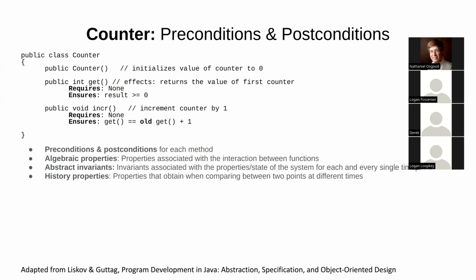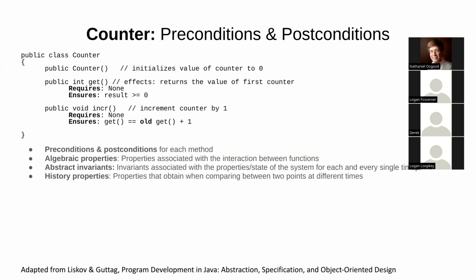Great. Whatever counter is given to me, I don't know where it's been, whether it was just created or created by someone way off in the system who called increment many times on it, maybe called get a bunch of times, but if there's one thing I know, it's that its value is greater than or equal to 0. So if I call get on it, I will get a value greater than or equal to 0.